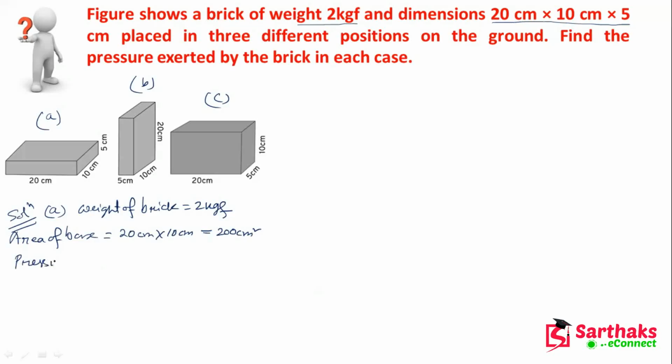And pressure, that is the force divided by area, right? That means 2 kgf divided by 200 centimeter square. So we can find this pressure is 0.01 kgf per centimeter square. Okay.